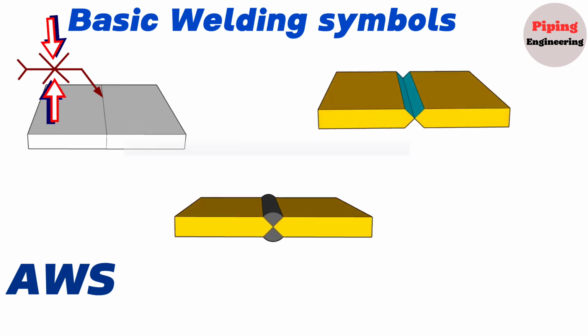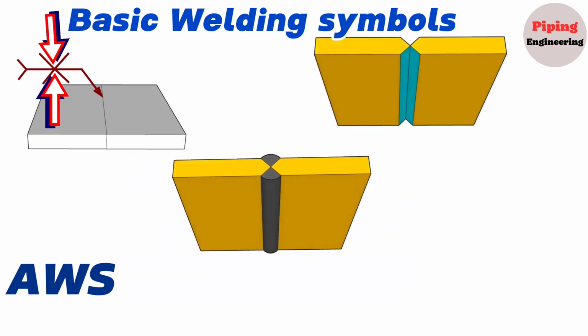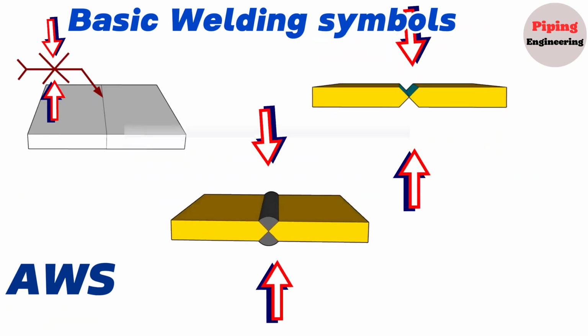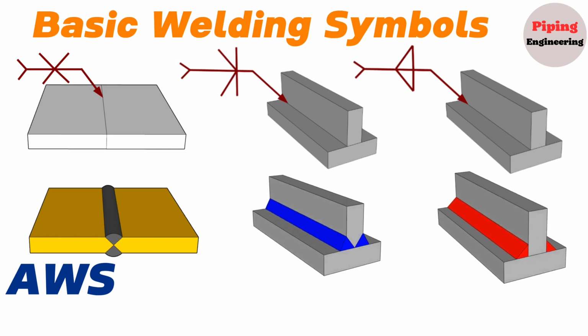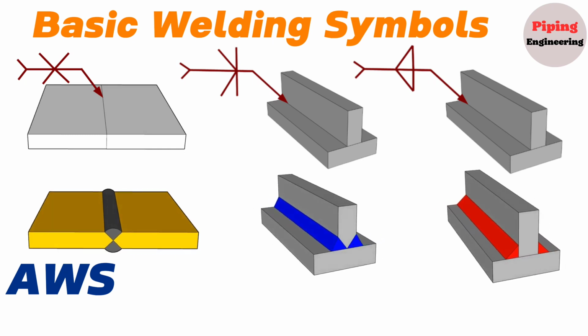Engineering drawings sometimes call for welds on both sides of the weld metal piece, so you will see welding symbols written on both sides of the reference line. Other welding symbols are also used in fabrication. We will share information about those welding symbols in our next videos.